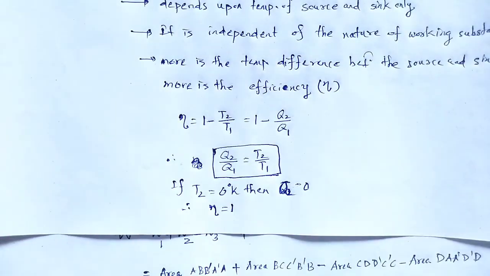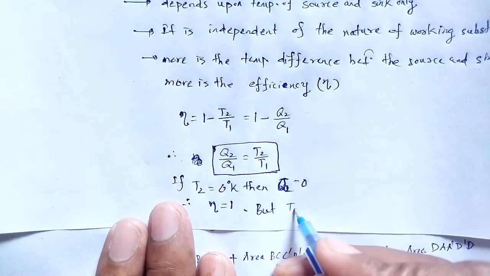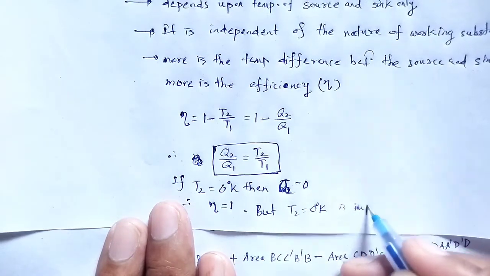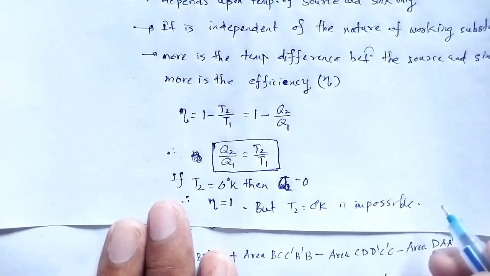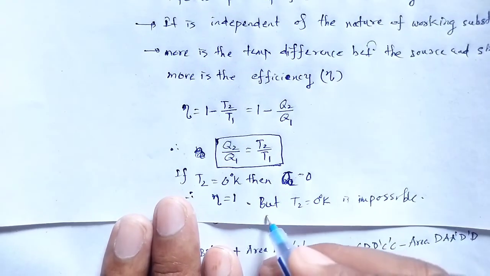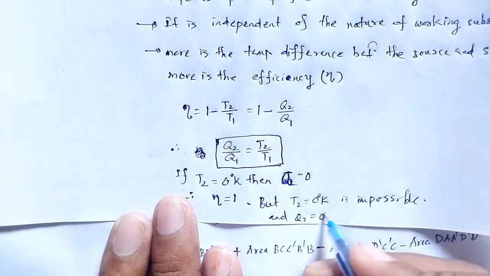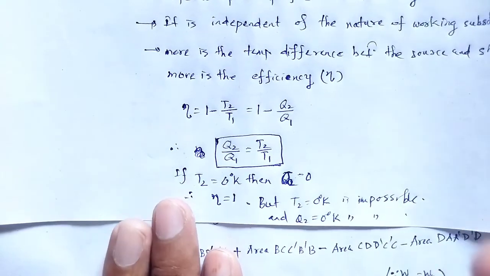That means we get 100% efficiency, but actually T2 equal to 0 degree Kelvin is impossible, and Q2 equal to 0 is again impossible.